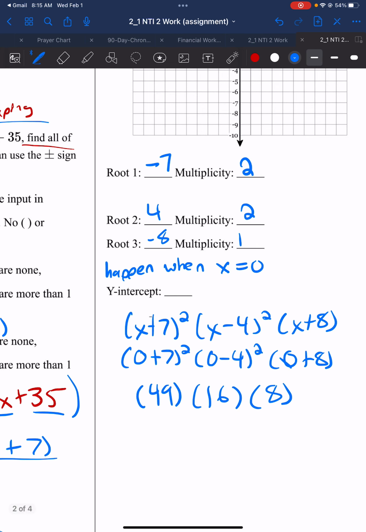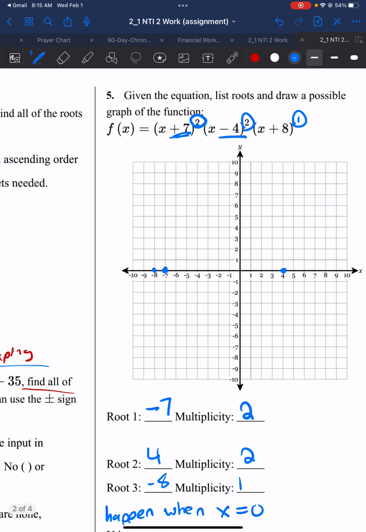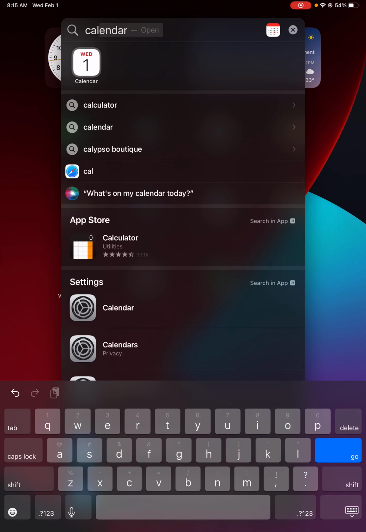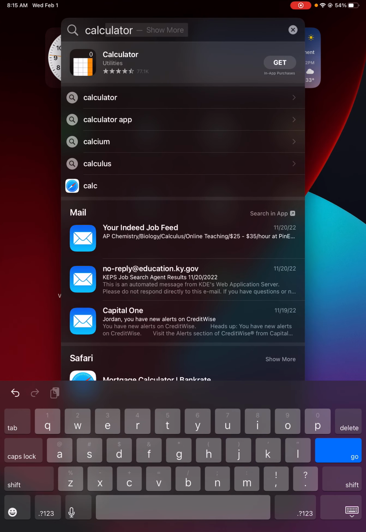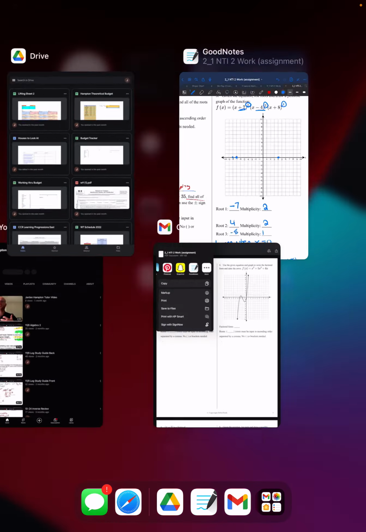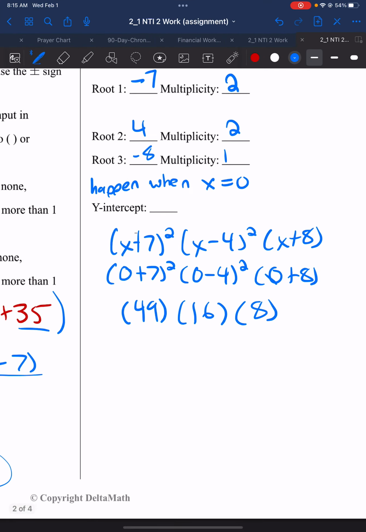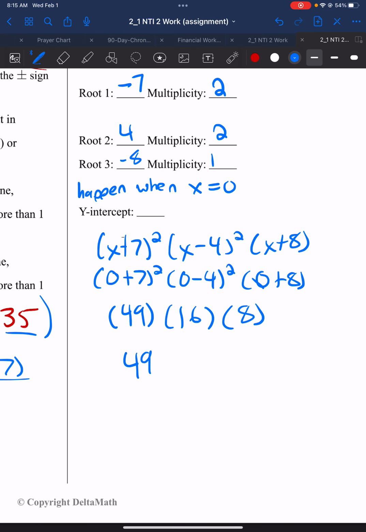So I'm actually going to need my calculator for that. So let's see here. 49, 16. There's not a calculator on this thing. Okay, 49 times 16. We can do some old school math here. 49, 16. That's 24.